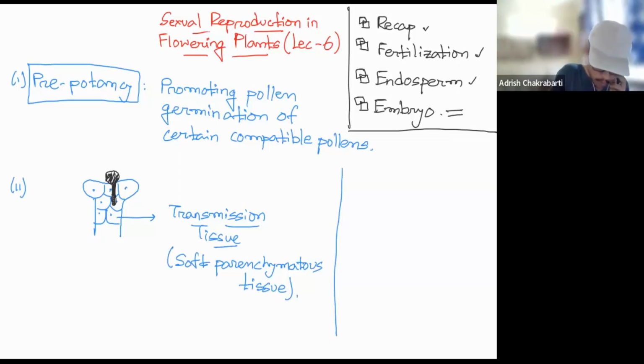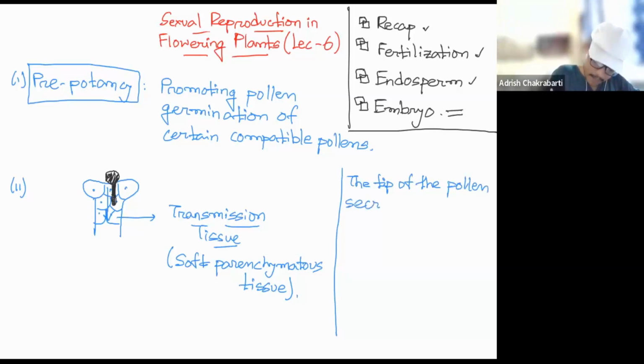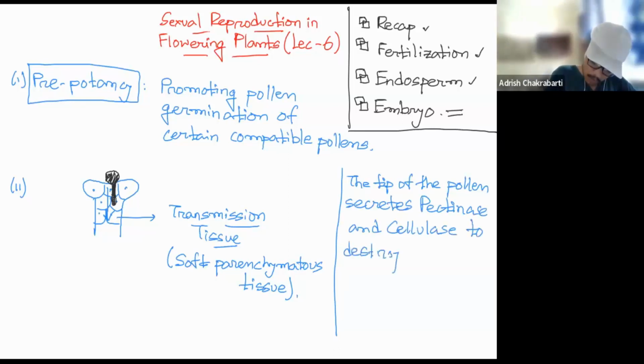From this pollen, the pollen tube that is emerging is going downwards. The tip of the pollen tube secretes pectinase and cellulase to destroy the transmission tissue.